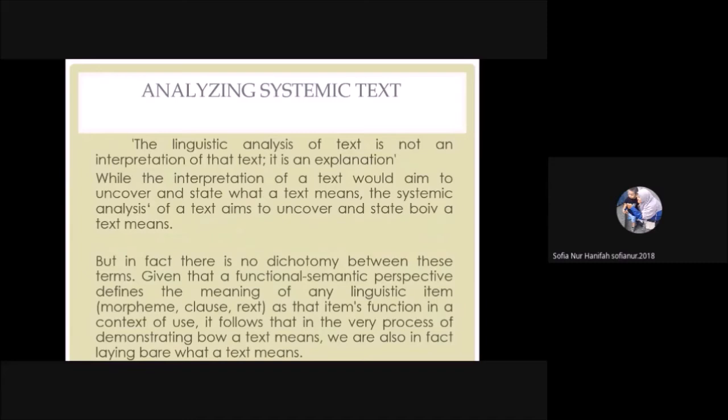But in fact, there is no dichotomy between these terms, given that a functional semantic perspective defines the meaning of any linguistic item, like a morpheme, clause, or text itself, as that item's function in a context of use. It follows that in the very process of demonstrating how a text means, we are also laying bare what a text means.